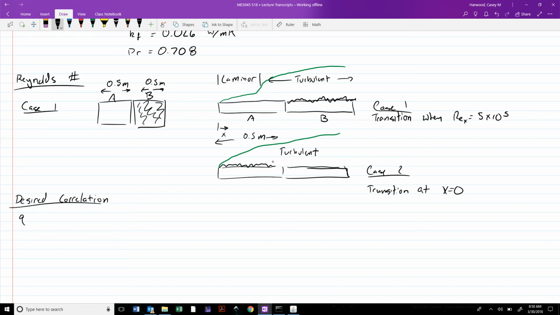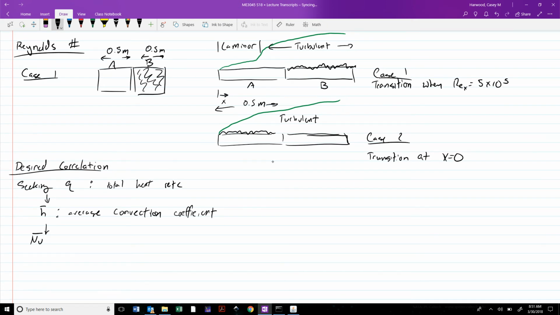We're seeking Q, just the total heat rate, which suggests that we're looking for h bar, the average convection coefficient, which suggests that we are seeking the average Nusselt number over the entire length of combined plates A and B.